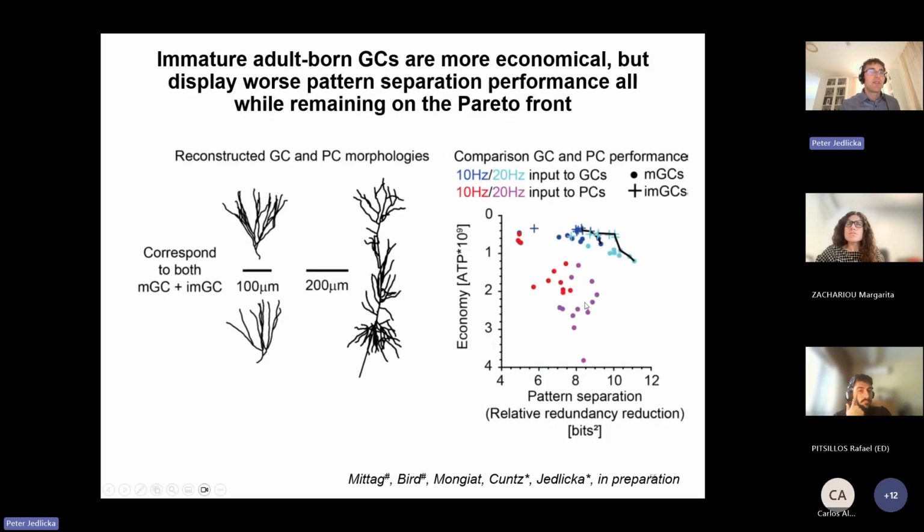Here, very briefly, I'll show you that other cell types in the hippocampus, these red and violet dots, are CA1 pyramidal cells. They are worse in the combination of pattern separation and energy efficiency, which is reassuring, right? Those models are worse because the theory says that they don't care about pattern separation that much.